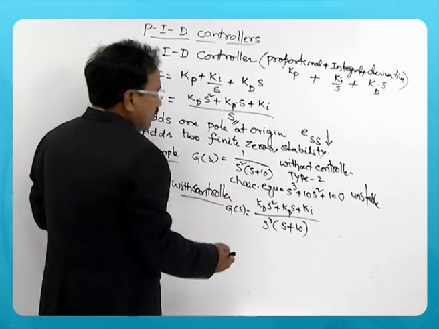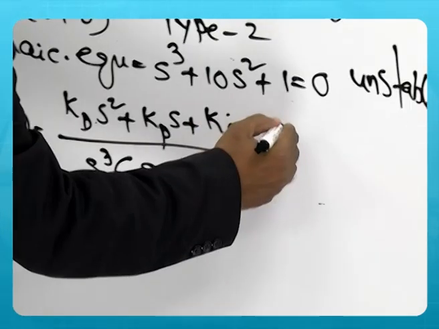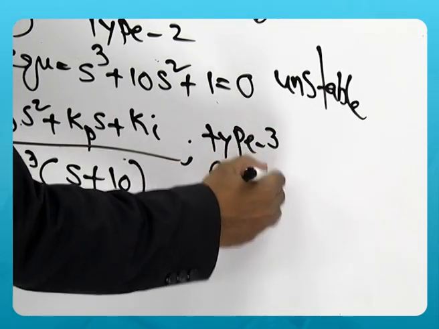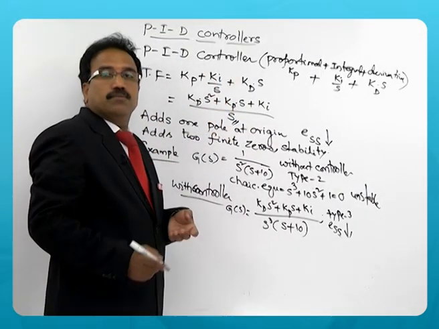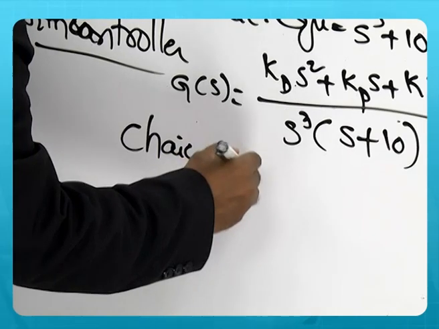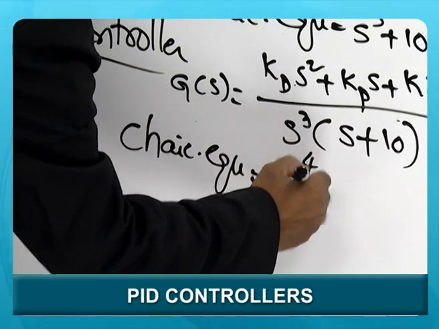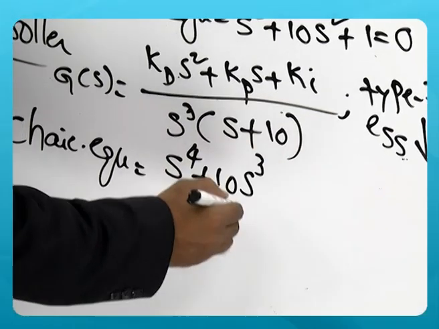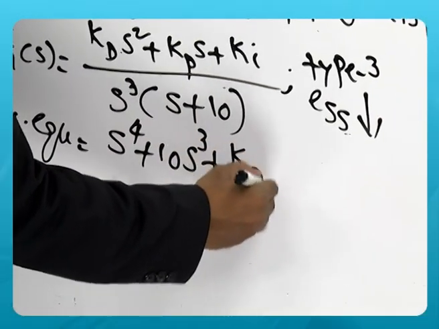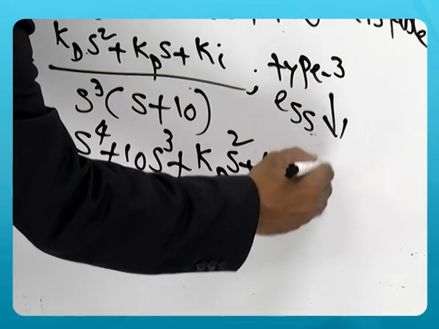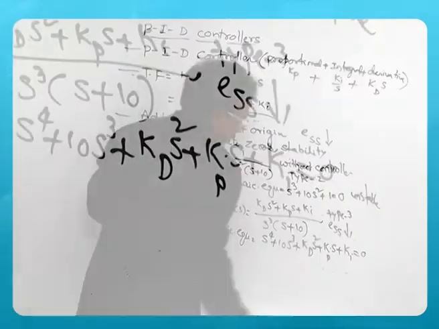So you can see that the type is now 3. So the steady state error is improved because the type number is increased. And if you write the characteristic equation of this system, s power 4 plus 10s cube plus Kd s square plus Kp s plus Ki equal to 0.